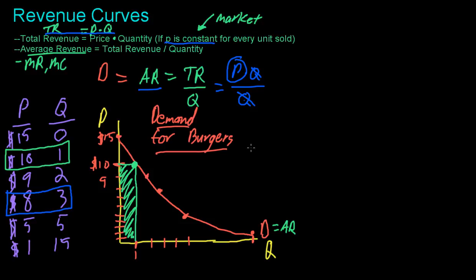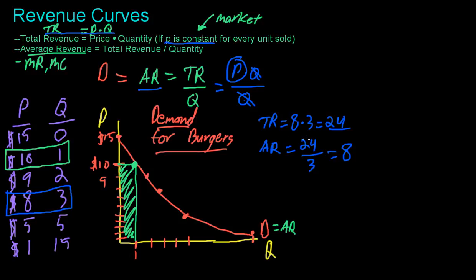We can see if we sell 3 burgers at a price of $8, total revenue is equal to price, $8, times quantity, 3, which is $24. And then our average revenue is going to be our total revenue, $24, divided by our quantity, 3, which is equal to 8.